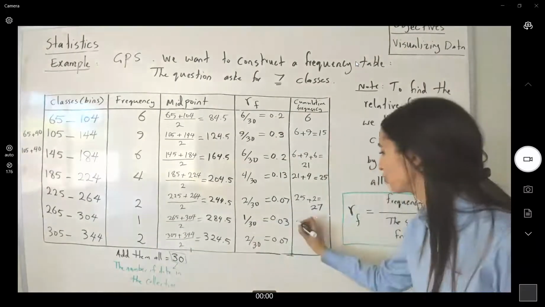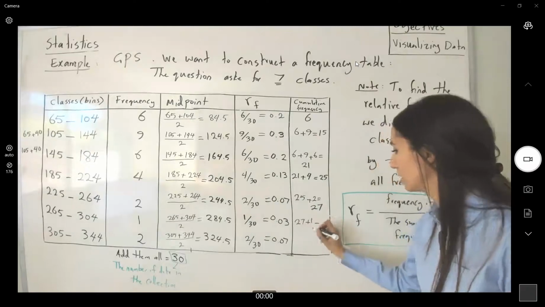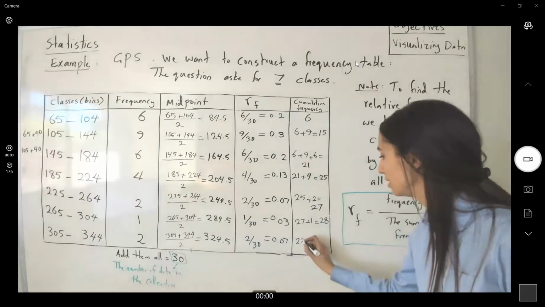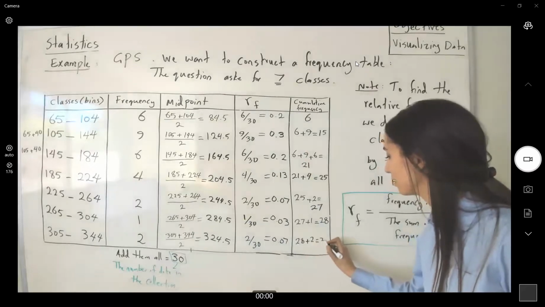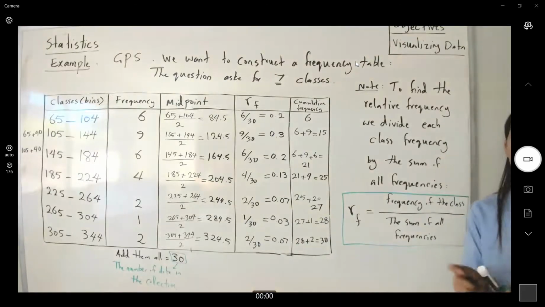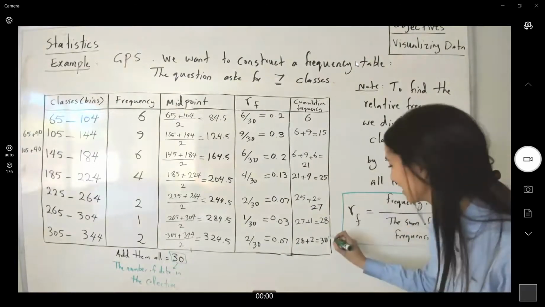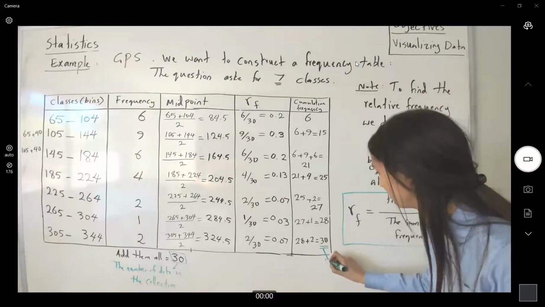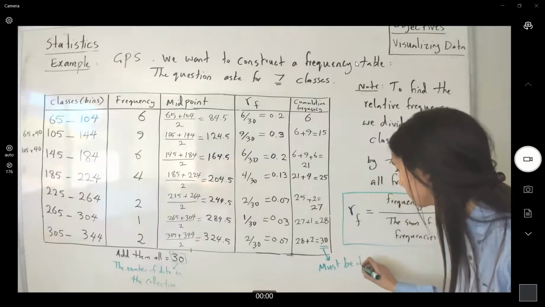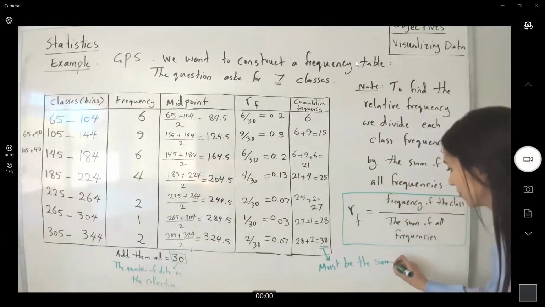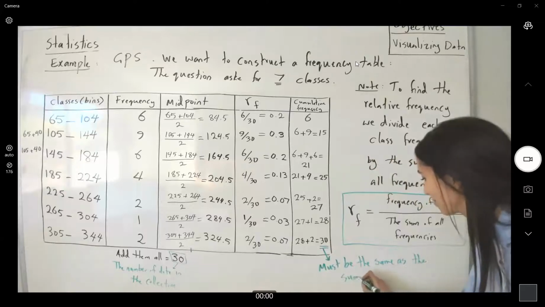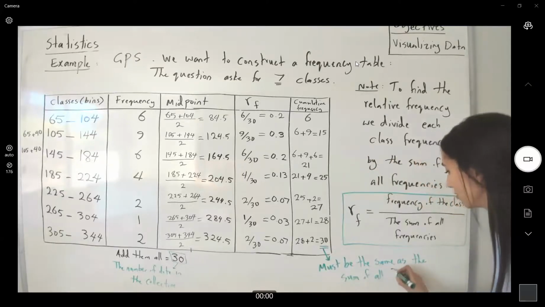Then 27 plus 1, which is 28. 28 plus 2 is 30, which must be the same as the sum of all frequencies.